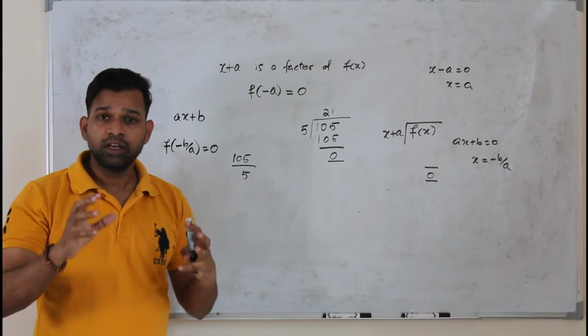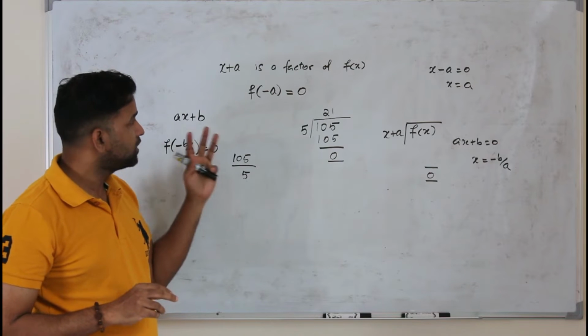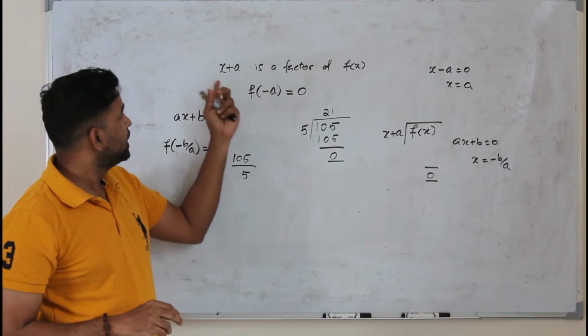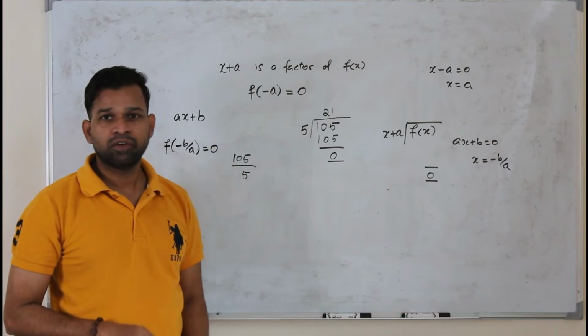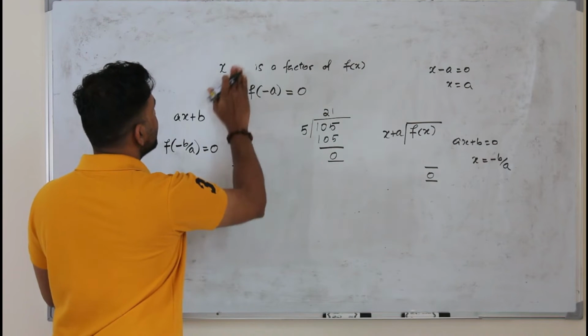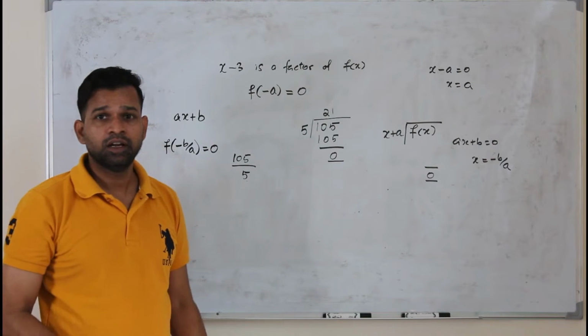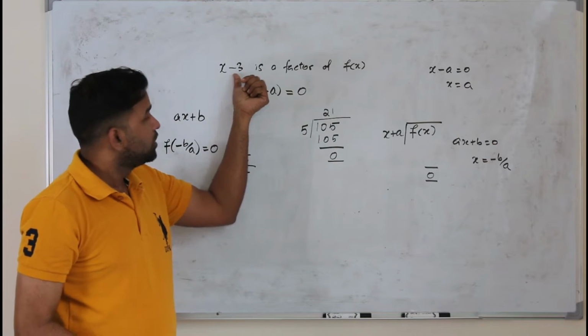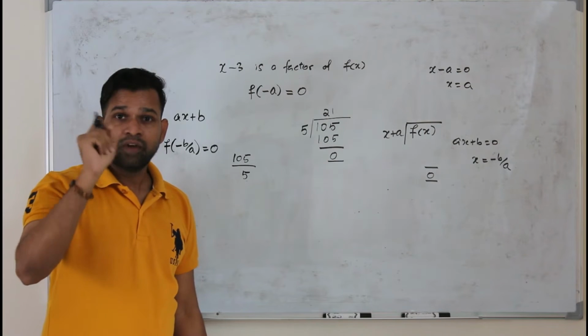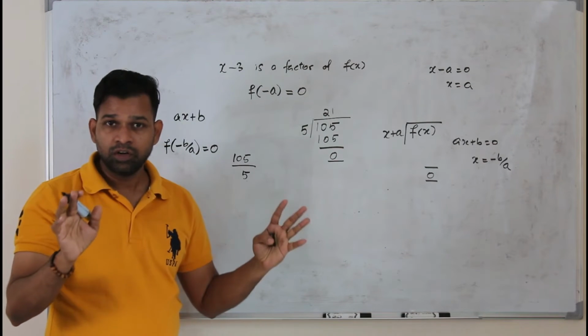So in your exam, when the question says use the factor theorem to show that x plus a is a factor of f of x, let's say instead of x plus a, you have x minus 3. When they mention use the factor theorem, you're not supposed to use the long division method.